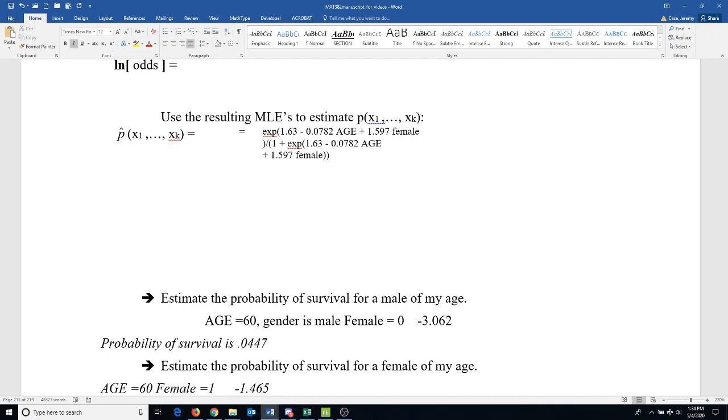And now I'm going to exponentiate that. You get 0.23. And so take my answer divided by 1 plus my answer, and I get a probability of 0.1877. So man, if I were a female, I'd have an 18.7% chance of survival, much better than before.